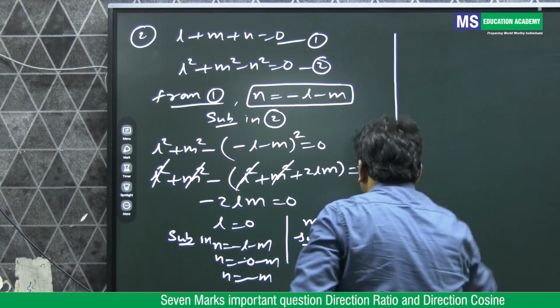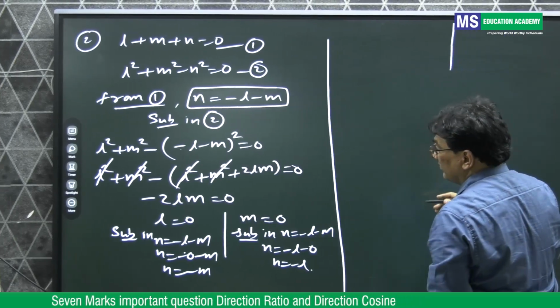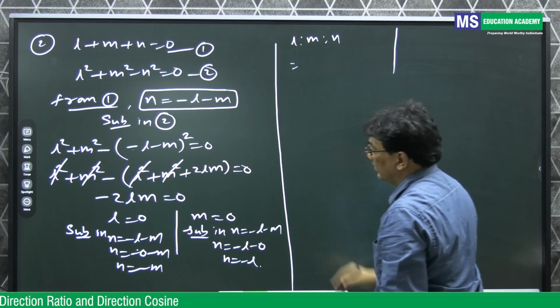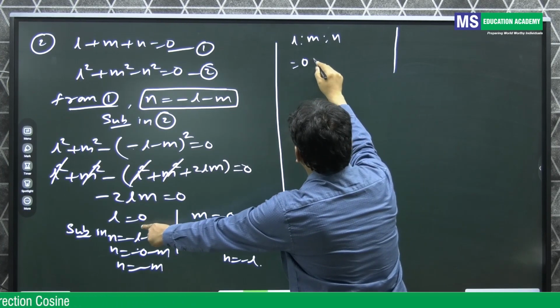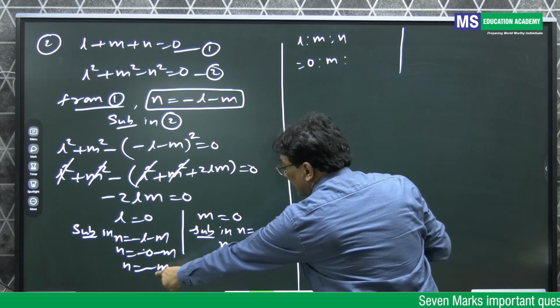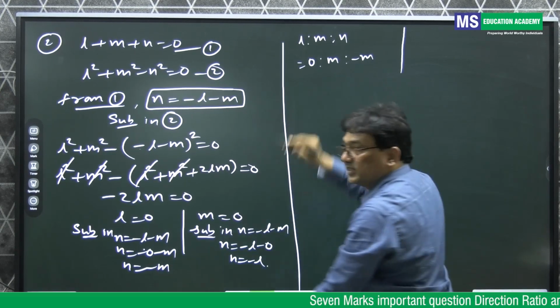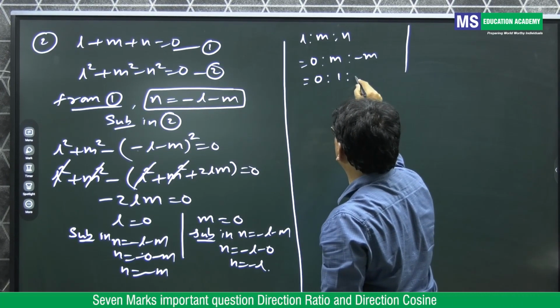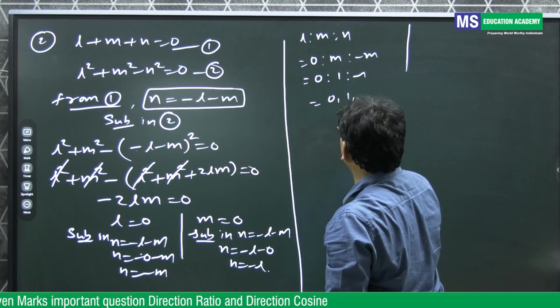Continuing the same model, we divide into two parts. In the first, L is to M is to N: L is 0, M stays as it is, N is minus M. Cancelling M, we get 0 is to 1 is to minus 1, that is 0, 1, minus 1.